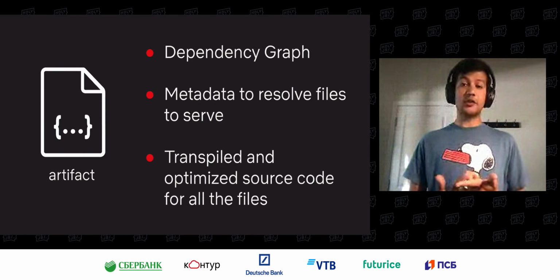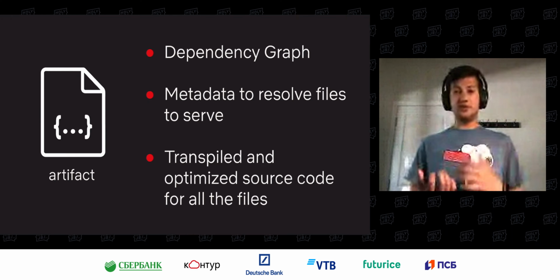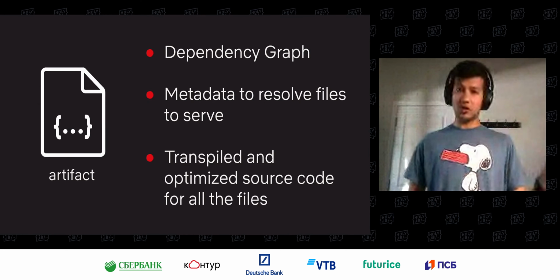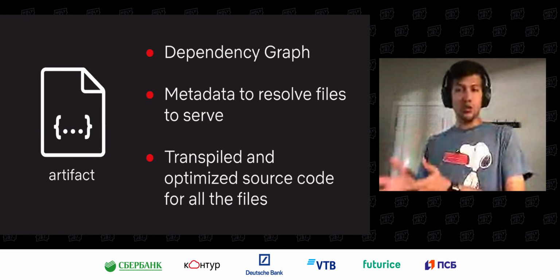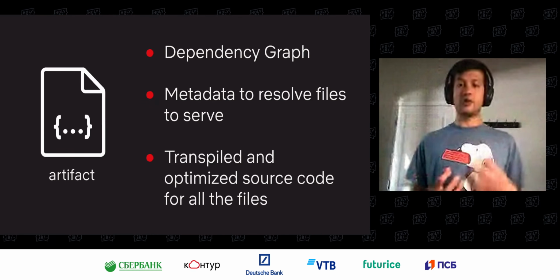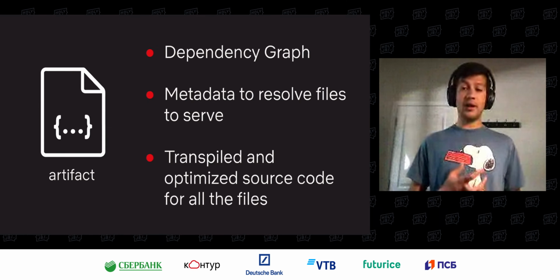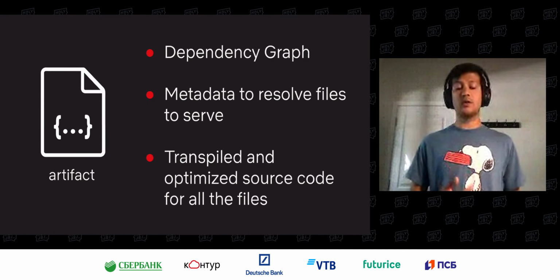The second thing we needed was the metadata on resolving the files. For example, if a certain condition is true, should I include the file or exclude it? That sort of metadata around resolving these files needed to be there. And third, and the most important, was the transpiled and optimized source code of all the files.